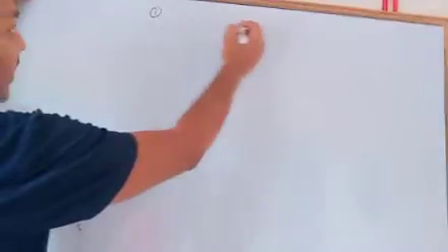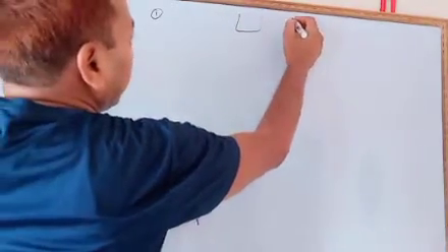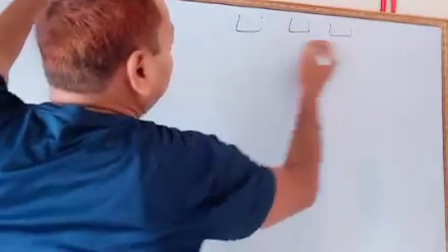A steady current of 1.50 ampere flows. This is the NCERT textbook problem.